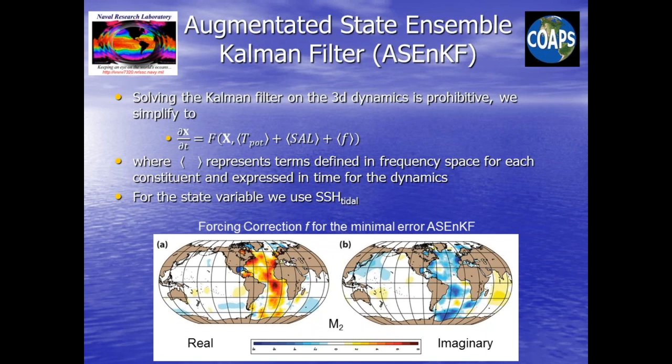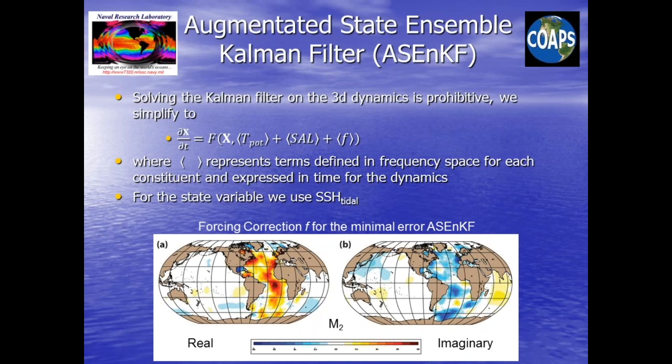I'll just do it for the tidal height, which is all that I actually have data for. So I come up with a new state estimation, which is really the estimation of the tidal estimates of the sea surface height, and I'm going to come up with a new forcing function, which is just that piece that I would add to force one. And I'll do that for each of the tidal constituents that I have in my model. In this particular case, we had 5 of them.